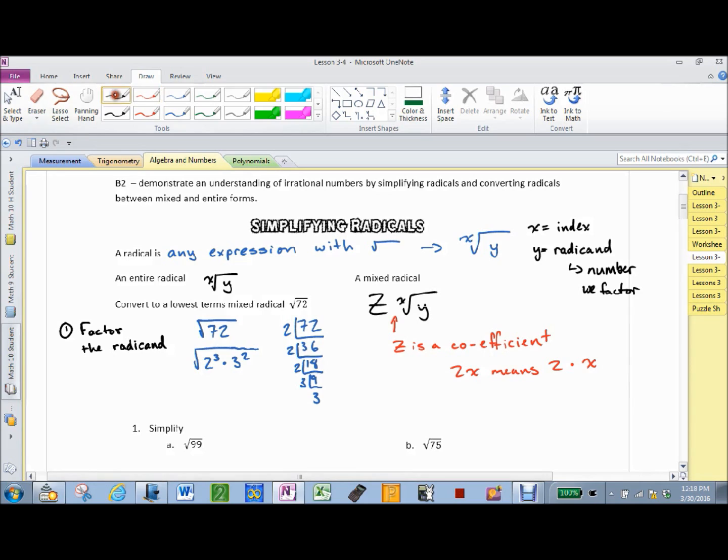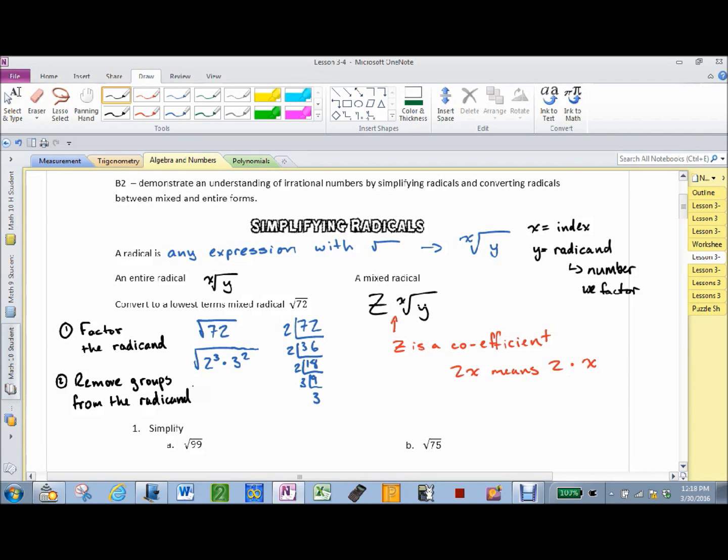That is step 1. Step 2, we remove groups from the radicand. Okay? Now, I haven't shown you this yet.